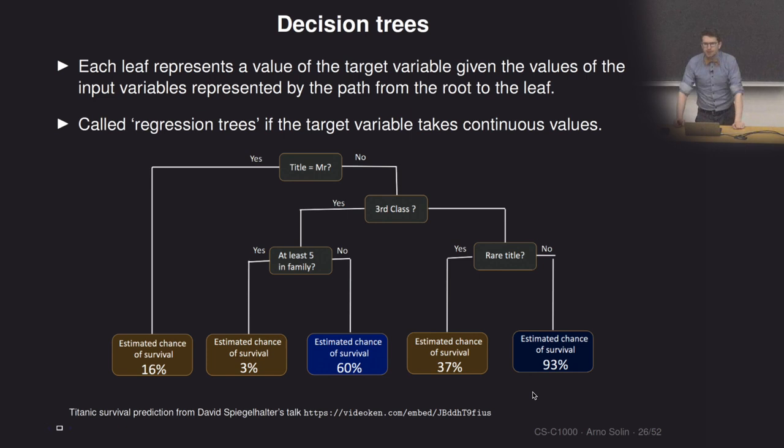Okay, so there's this data set of the passengers of Titanic. And we can train a decision tree on the chance of survival based on the information that is present in the records of the passengers. So basically, the model sees as the first level decision whether the title of the person is Mr. This excludes Lord, Prince, all these fancier titles.